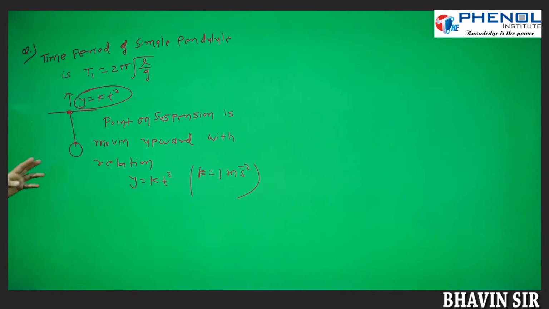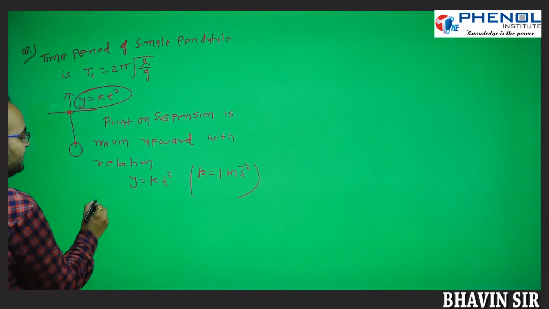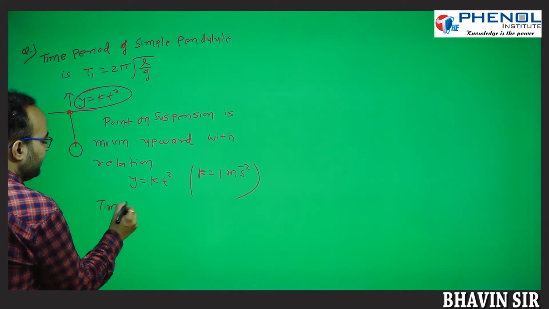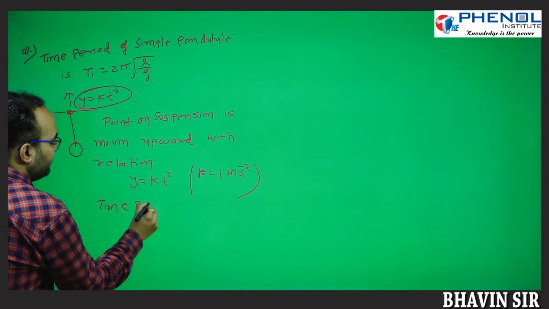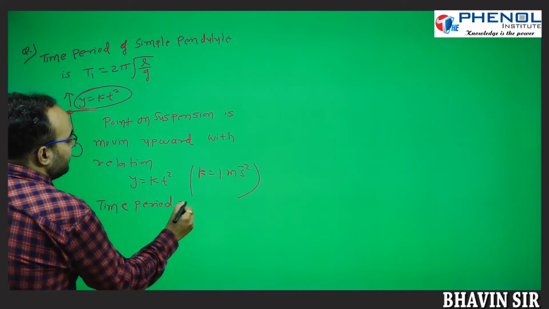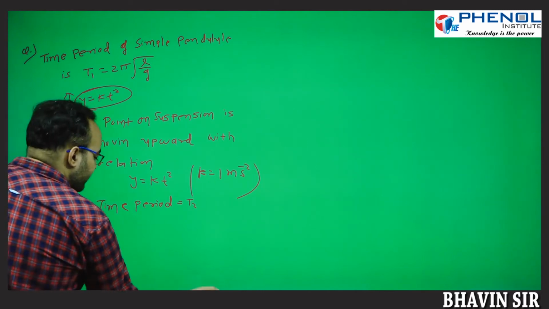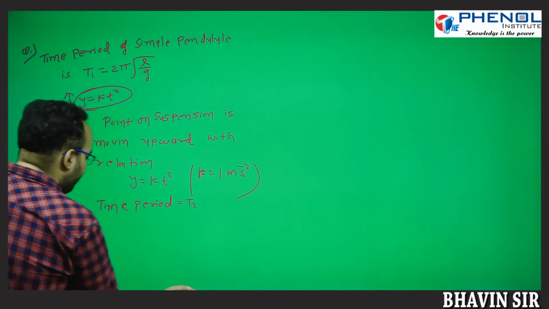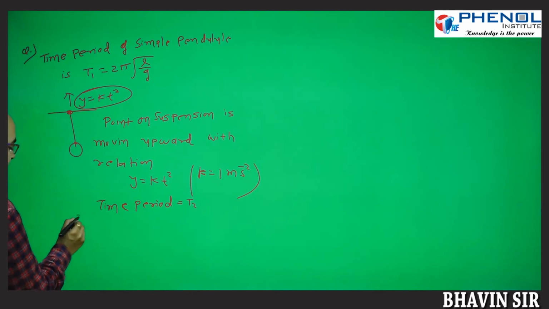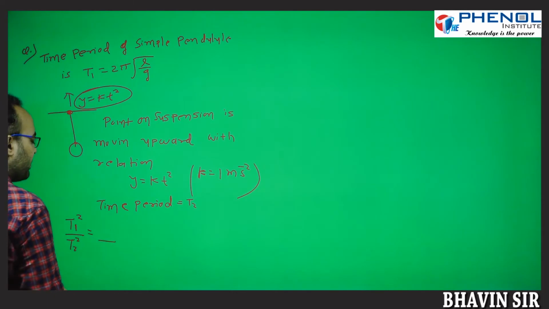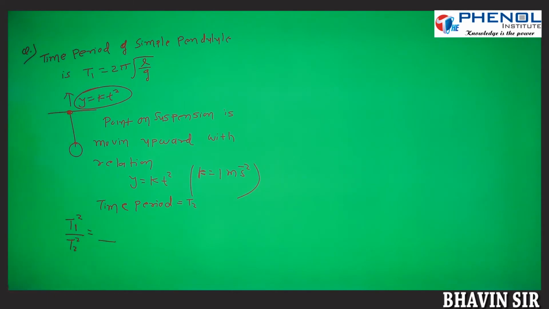In this case, the time period is T2, and we want to find T1 square by T2 square.